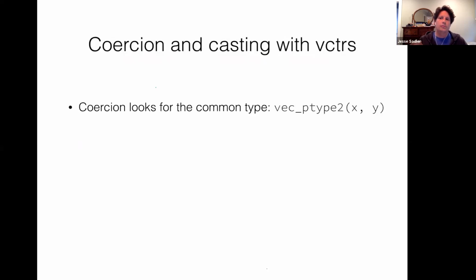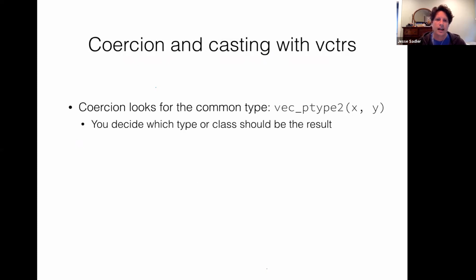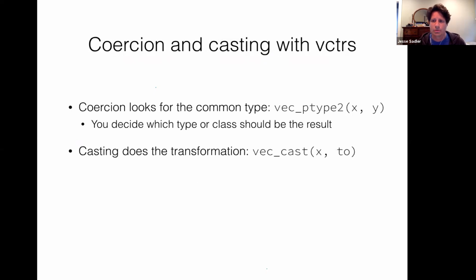So with vectors, coercion and casting is interesting because it's two sides of the same coin. So coercion looks for the common type with this function vec_ptype2. And so you decide which type or class should be the result when they're all put together. Whereas casting does the actual transformation.